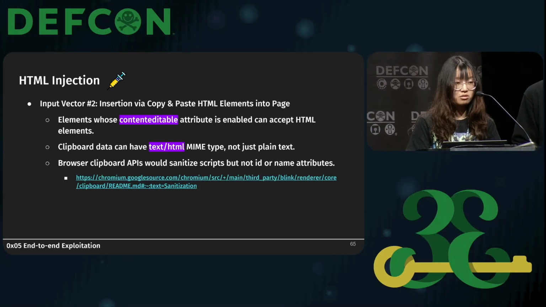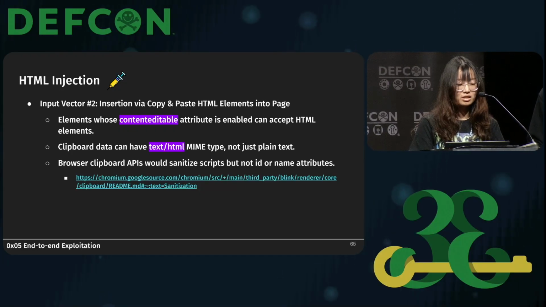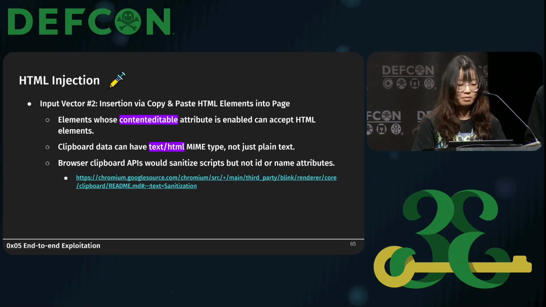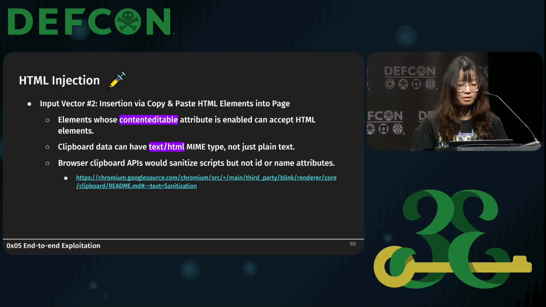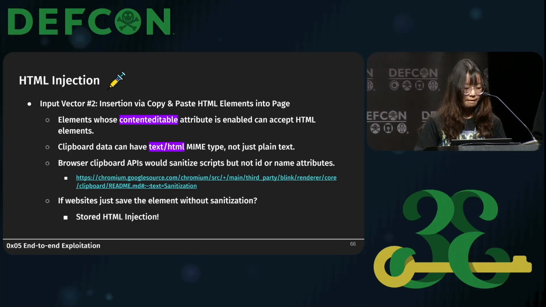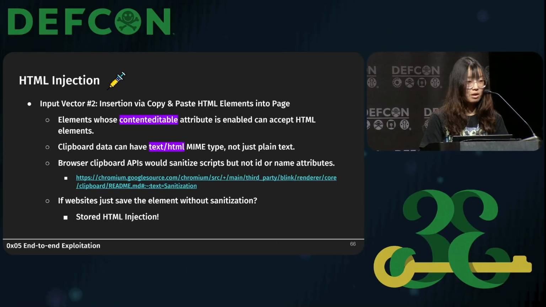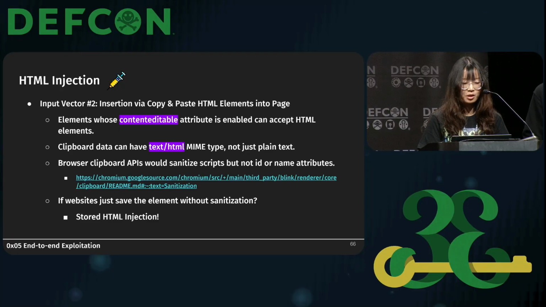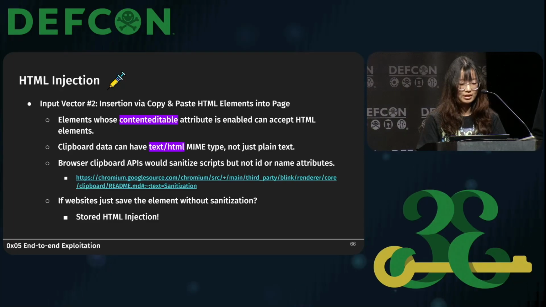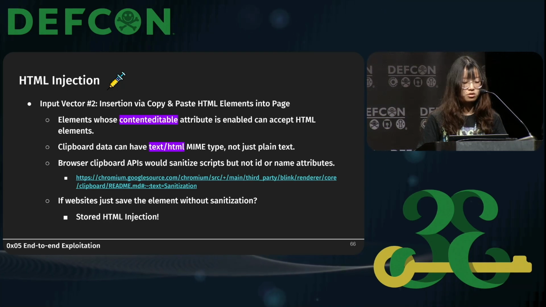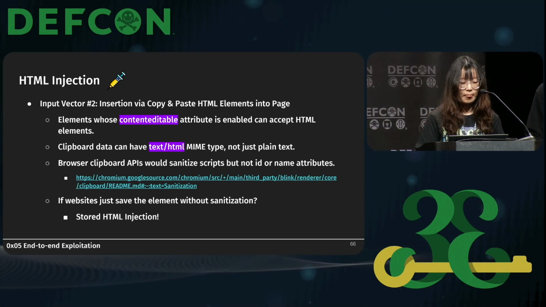And also the browser clipboard APIs sanitize cross-site scripts, but they do not sanitize ID or name attributes. As mentioned before, they don't look harmful at all in most cases. So based on these factors, what if the website just saved these HTML elements input from the user or attacker without proper sanitization? That will cause stored HTML injection.